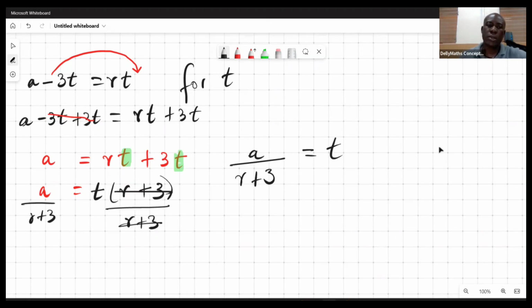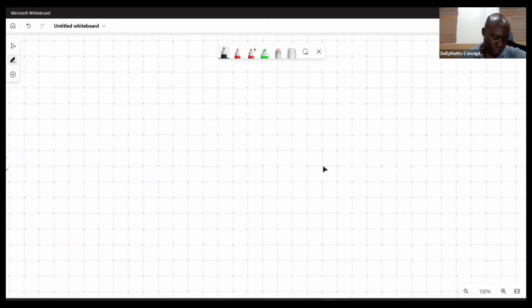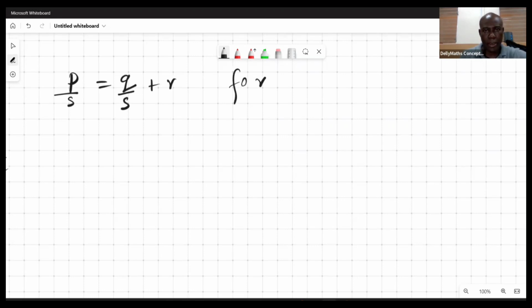All right, let's do another one. We have p over s is equal to q over s plus r. So what we want to do here is we're going to multiply throughout by s.